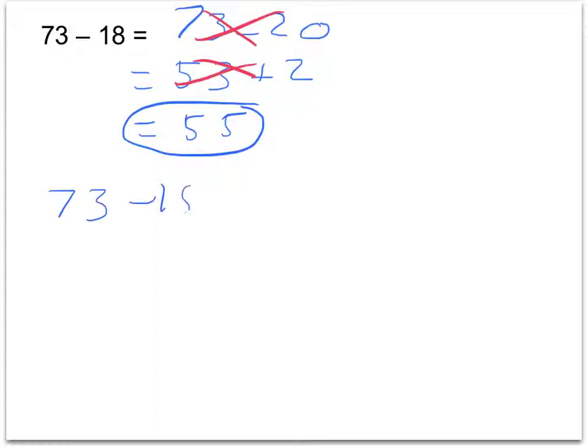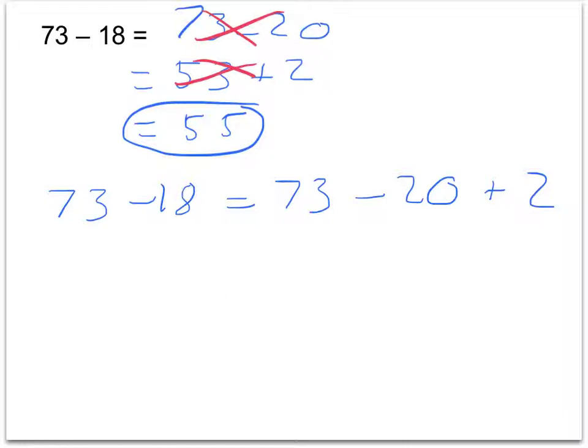73 minus 18. And so let's say, well, 73, take away 18 is the same as taking away 20, but then adding 2 back to it. What we're really doing here is writing the negative 18 or minus 18 as minus 20 plus 2. And so this expression really is equal to this expression.